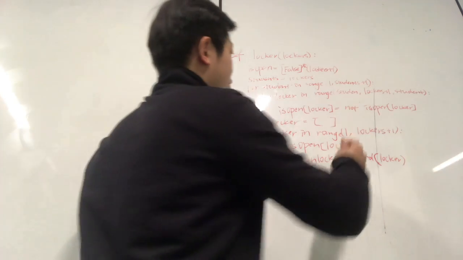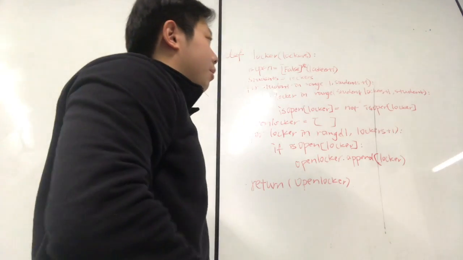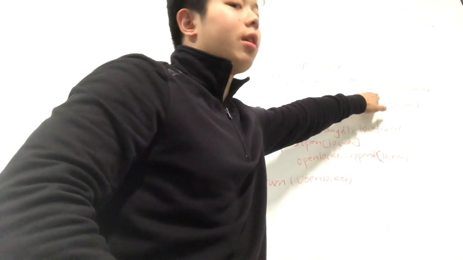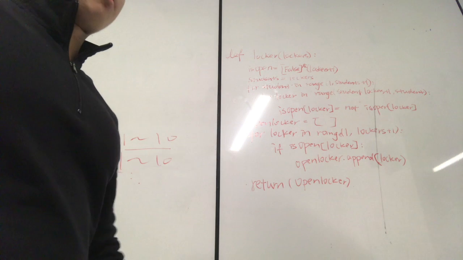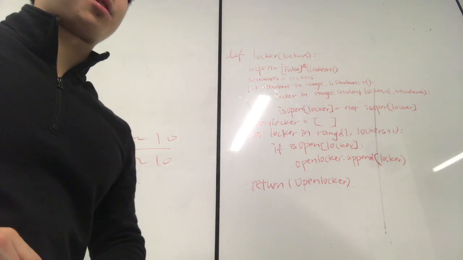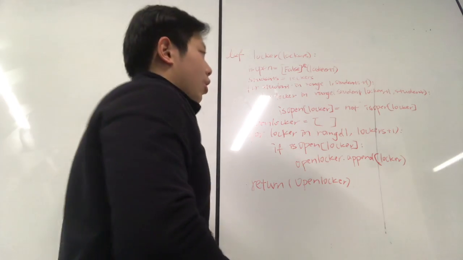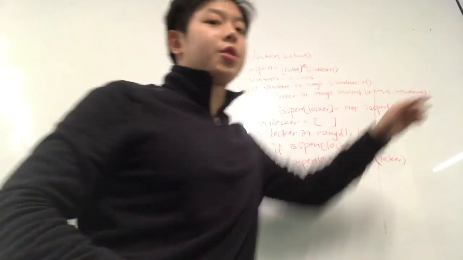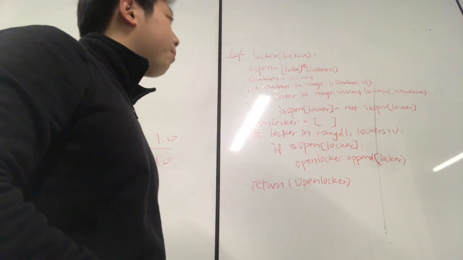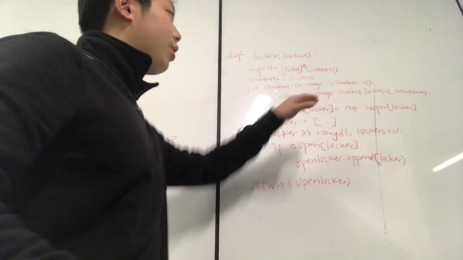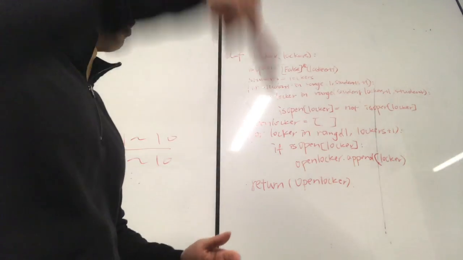Then for each student, we start at the same number as the student, and we end at the last locker. For each step, since each student only changes the status of lockers that are multiples of their number, our step equals the student's number. And for each of those students, it changes the status of the locker and goes on.